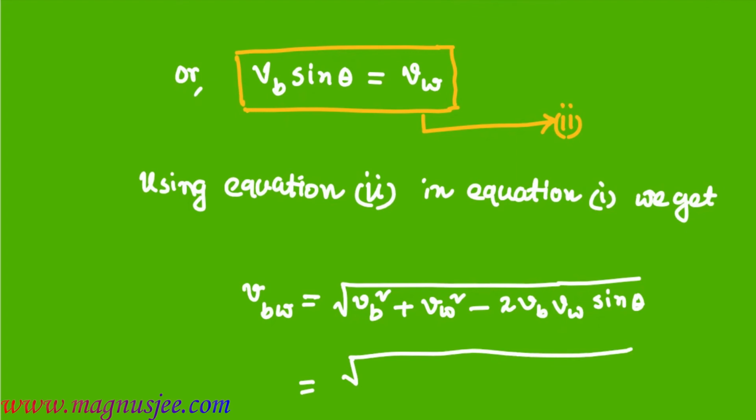Now putting the expression of VB sin theta, we get VB square plus VW square minus 2 VW square.